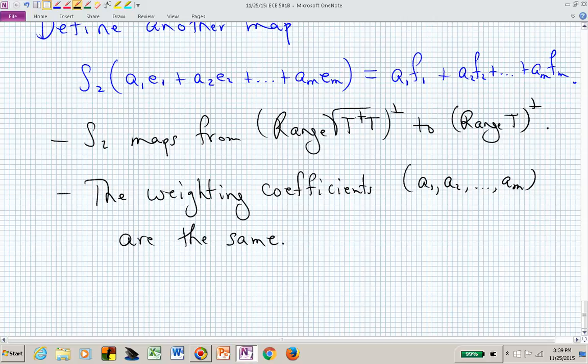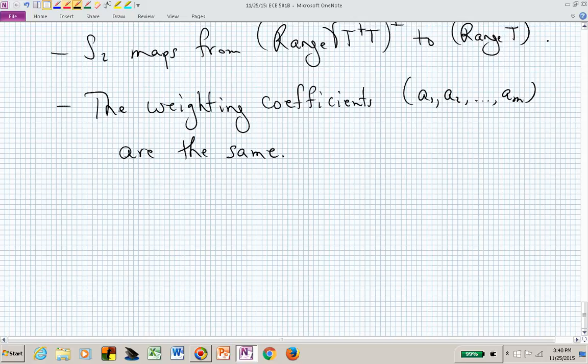And the vector, we could say, is W in the range of the square root of T dagger T perp space, and then it's some other vector in the orthogonal complement of the range of T. But if we look at this from the definition of S sub 2, we can now draw some conclusions.